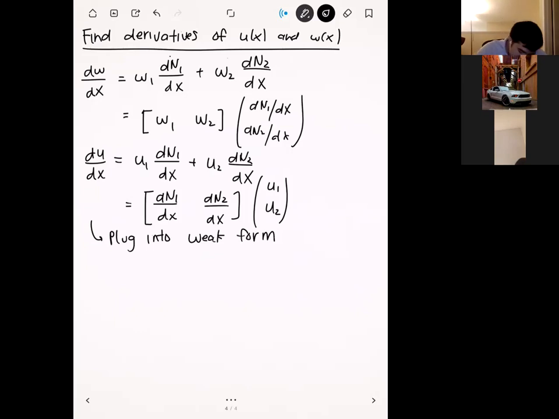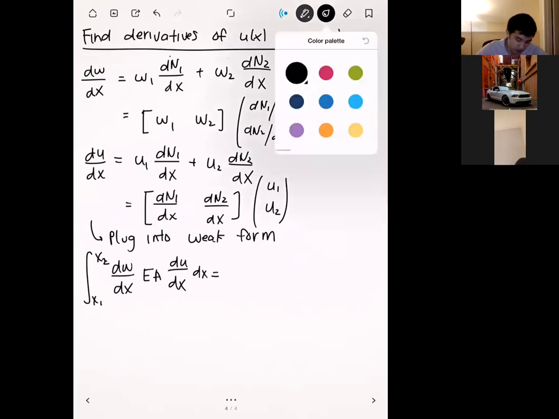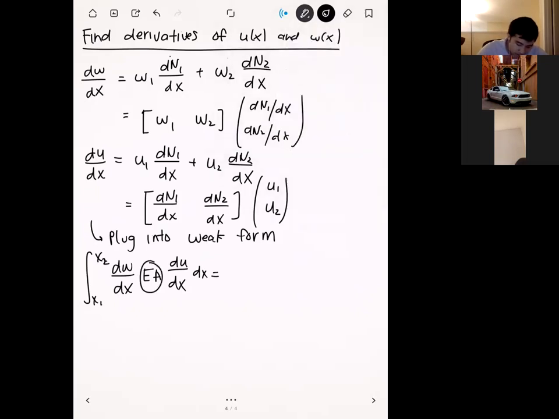And so our weak form expression, remember, was integral from x1 to x2 of dw dx times E times A times du dx dx, right? And so let's take the vector forms of these expressions and then plug them in.